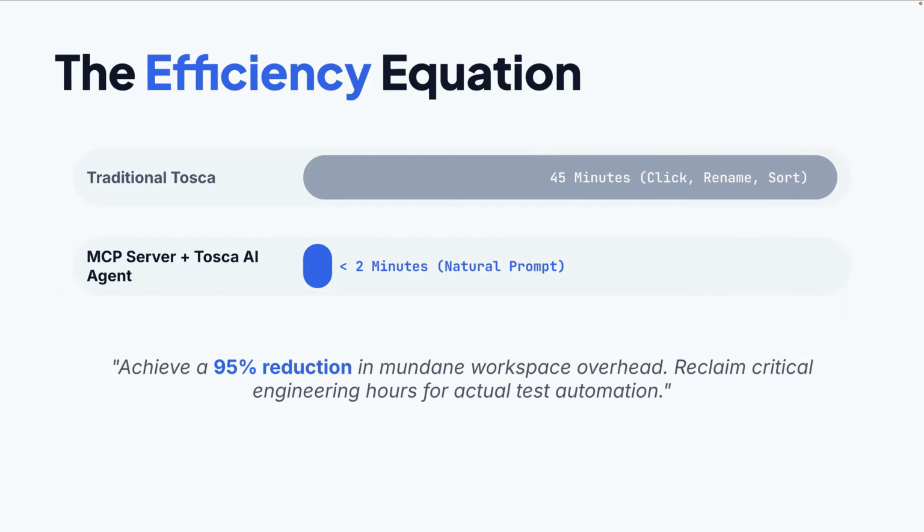But with a configured MCP server, that entire loop collapses to a matter of a few minutes, and that also using natural prompts or plain English language. So we are giving away all the administrative tasks of maintaining the automation inside the Tosca infrastructure, and we are reallocating our focus back to the quality of testing rather than the maintenance part of it.